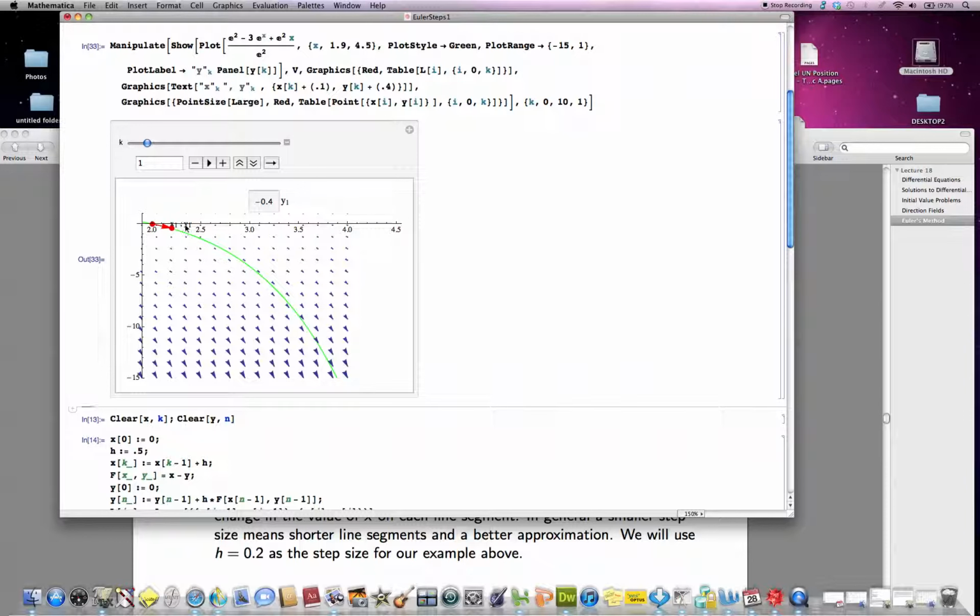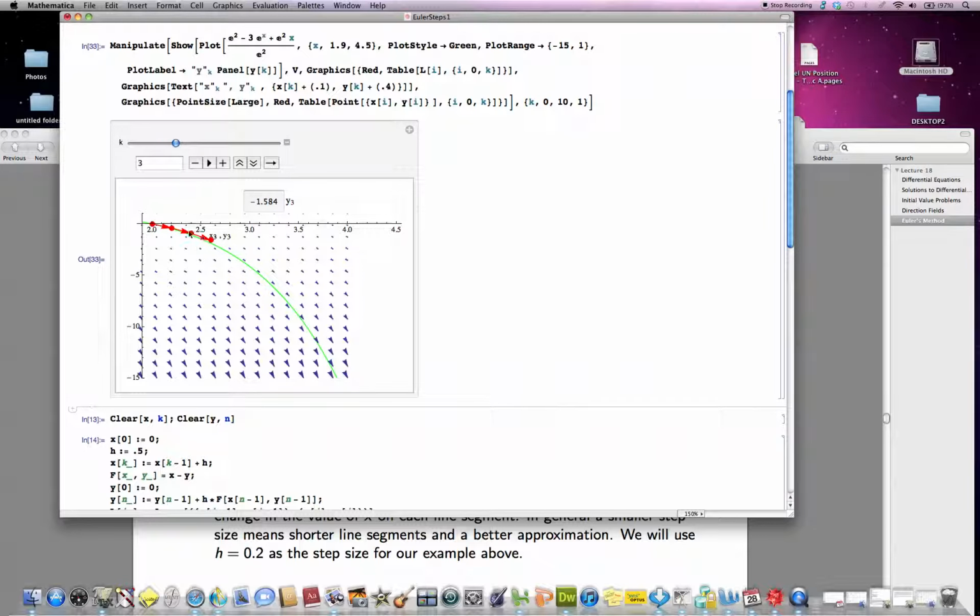And this gives us a new point on the curve called x1, y1. Then from there, we follow the direction of the arrow in the direction field until the x's have changed by the step size, which is 0.2. That brings us to a new point, x2, y2. Then from there, we follow the arrow in the direction field until the x's have changed by 0.2.